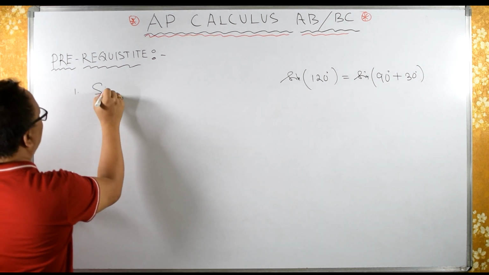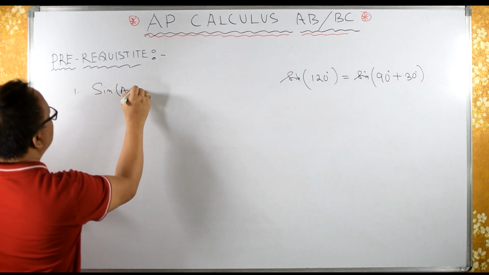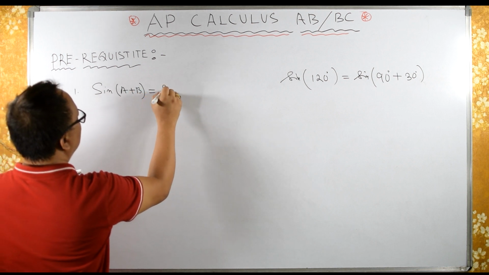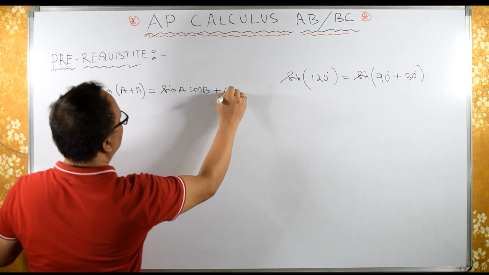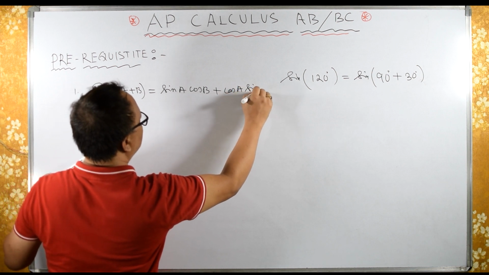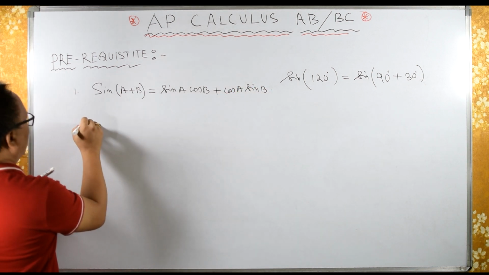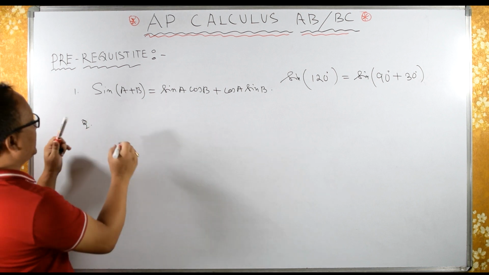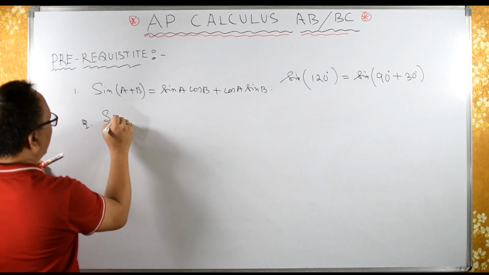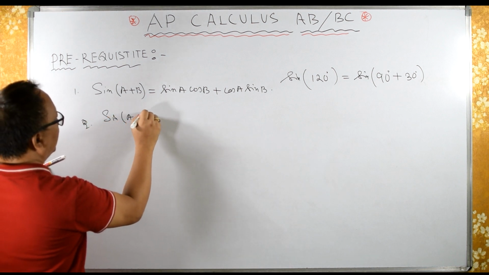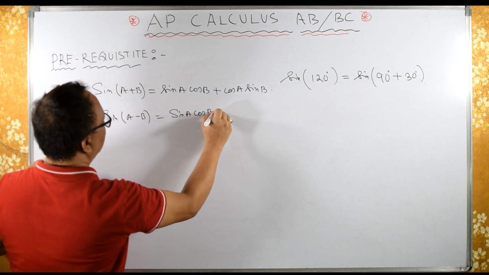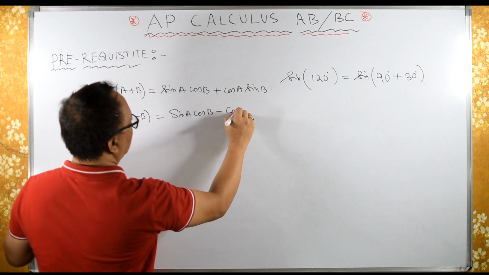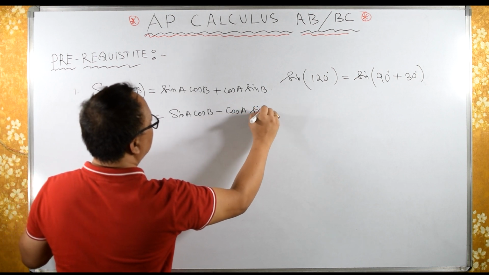Number 1: sine of a plus b is equal to sine a cos b plus cos a sine b. If it is minus, then sine of a minus b is sine a cos b minus cos a sine b.